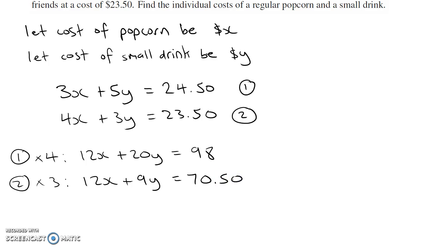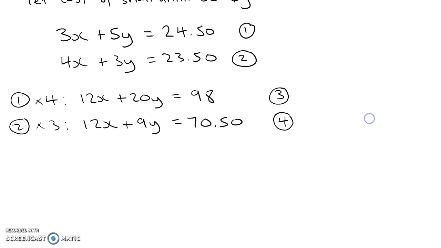Now this is looking a bit better. We can do elimination. I'll call this equation number 3. I'll call this equation number 4. Let's subtract equation 4 from equation 3.